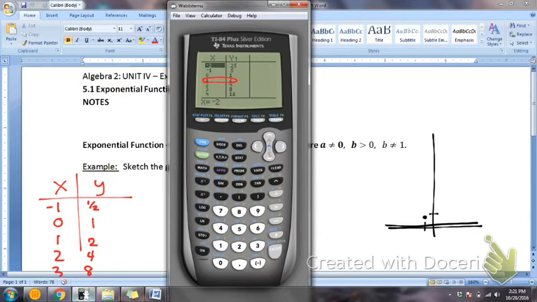We're just plotting points. Then I'm going to plot the point (0, 1). I will give you graph paper for your homework. Then I have the point (1, 2). (2, 4). (3, 8).